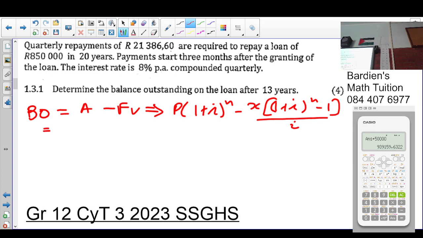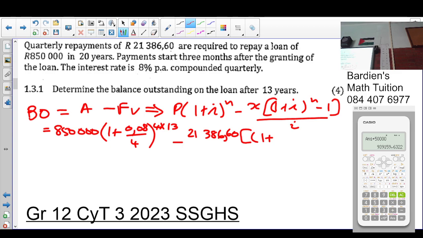So you got 850,000 Rand into 1 plus 0.08 over 4, because that's compounded quarterly, to the exponent 4 times 30, minus quarterly payments of 21,386 Rand and 60 cents into (1 plus 0.08 over 4) to the exponent 4 times 30 minus 1, and this is all over i, which is 0.08 over 4.